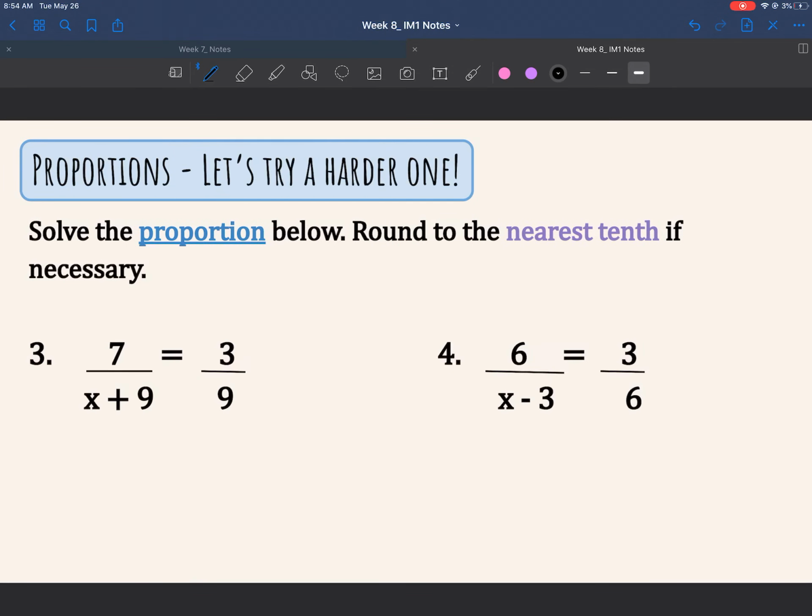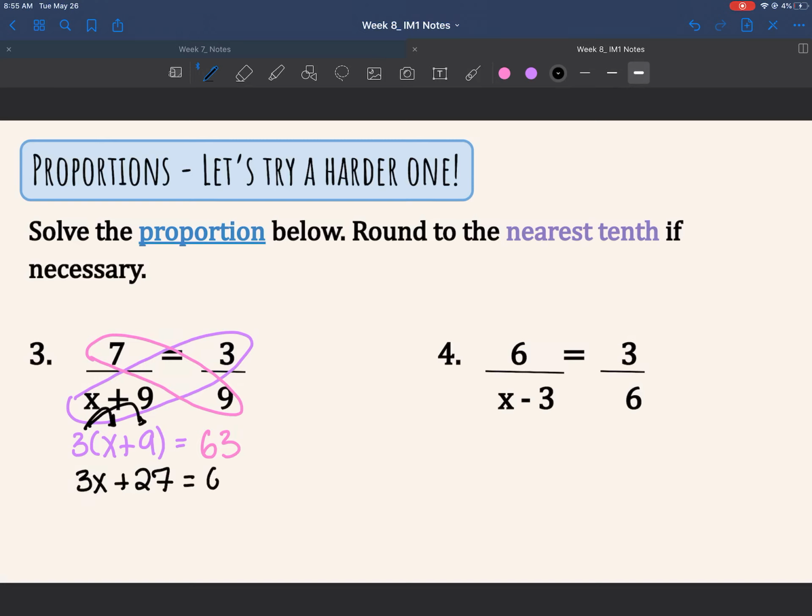Now for 3 and 4, very similar. Let's try these as well. So if we notice, our purple is now going to be 3 times x plus 9, because that's where it is in the diagonal. And then 7 times 9 is 63. So we are going to distribute. So we get 3x plus 27 is equal to 63.